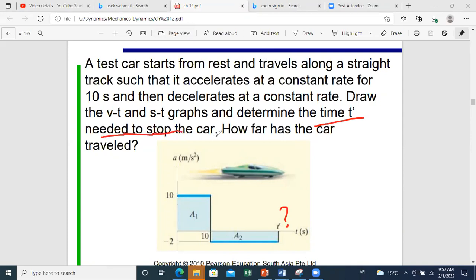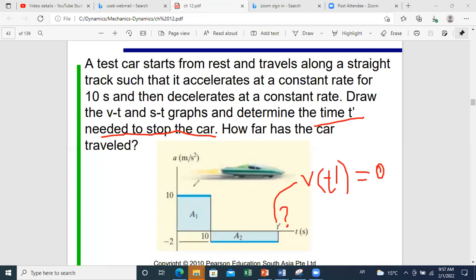So this means what? If the car will stop, what can I deduce? V equals 0. Exactly. So the condition at t prime is velocity at t prime is equal to 0.